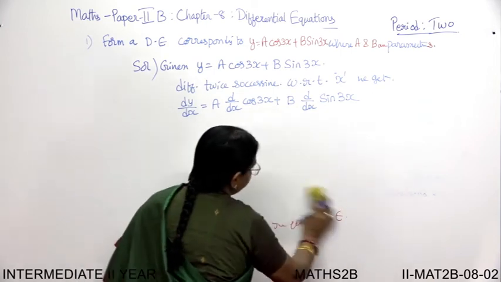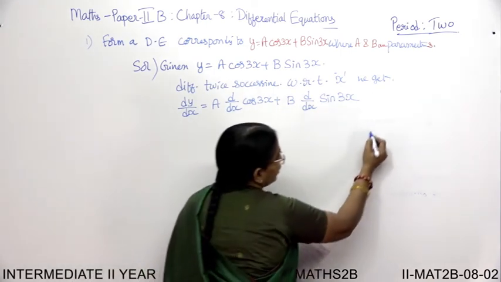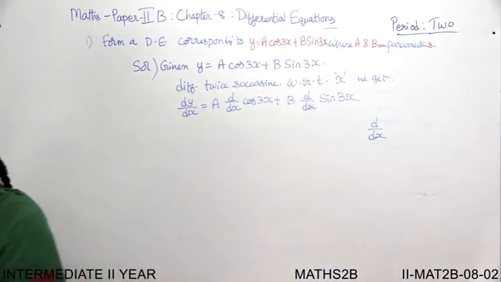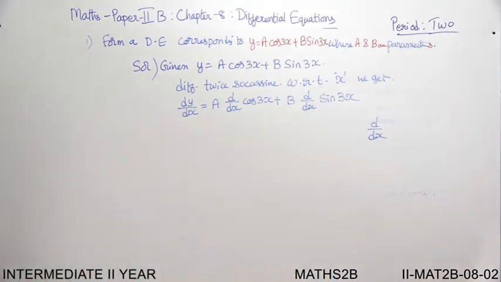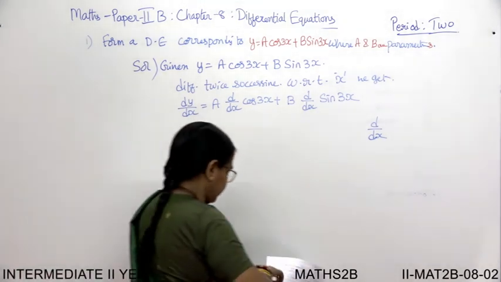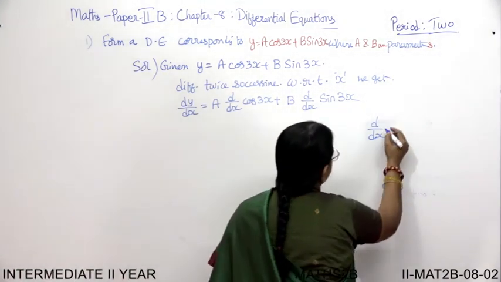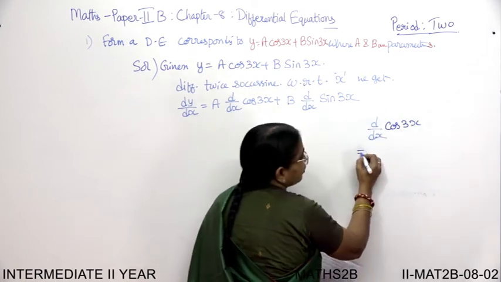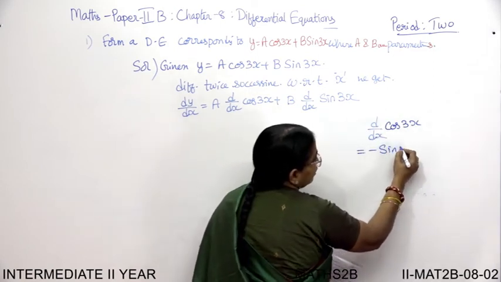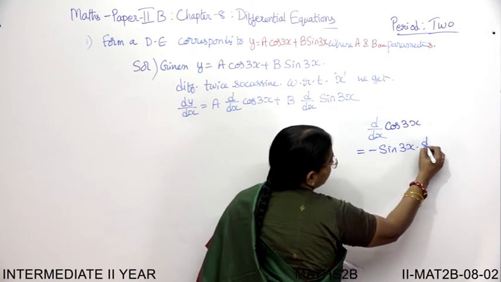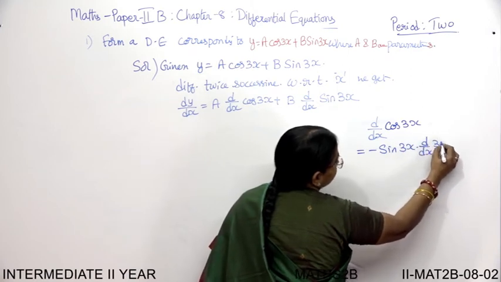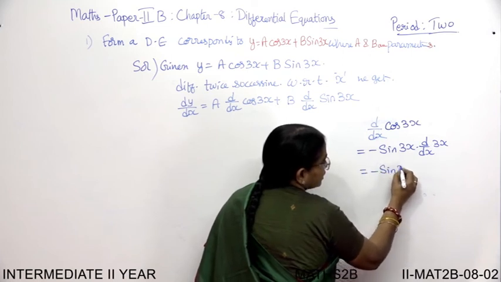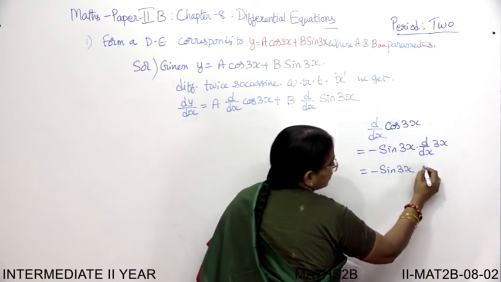So now what is the derivative of cos 3x? Let's do it here. d by dx of cos 3x. Outer function is cos. Derivative of cos is minus sine. So minus sine 3x into the derivative of inner function. Inner function is 3x, derivative of 3x is 3.